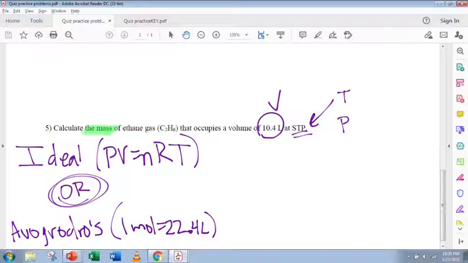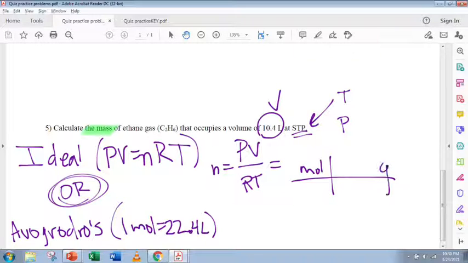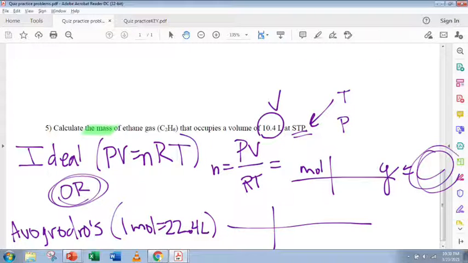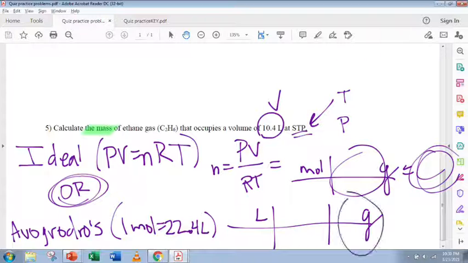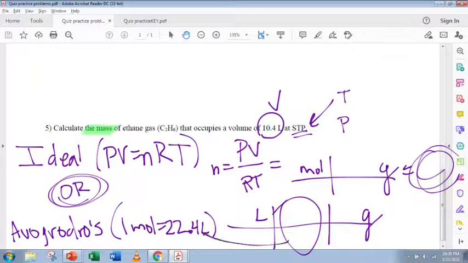If we were doing it this way, solving for moles, n equals PV over RT, we'd get moles out. We'd still have to do some dimensional analysis to turn moles into grams and get our final answer. If we use this, when we're at STP, it just means we're going to start with the liters and have to do another step in between before we do this down here to get our grams. But this step is a pretty nice, simple step compared to this, at least in my opinion.